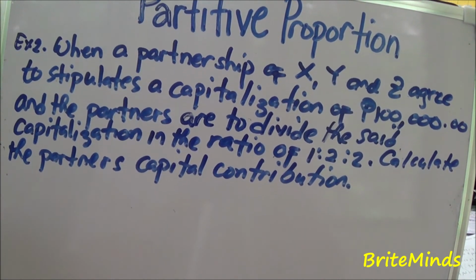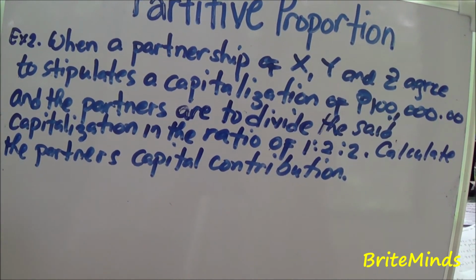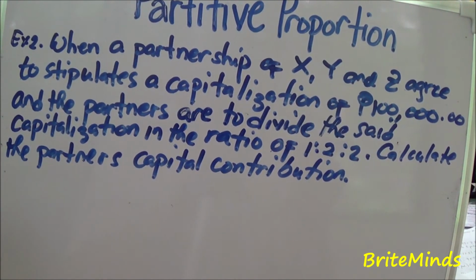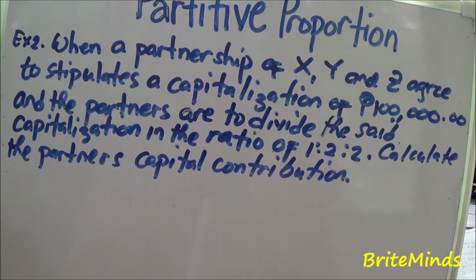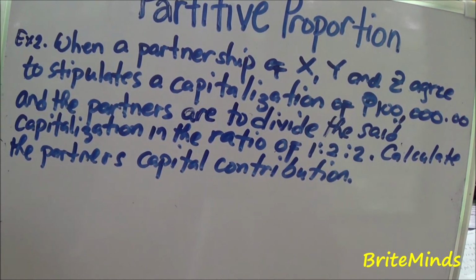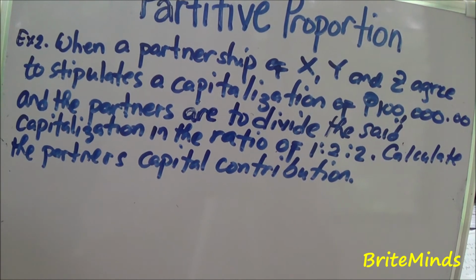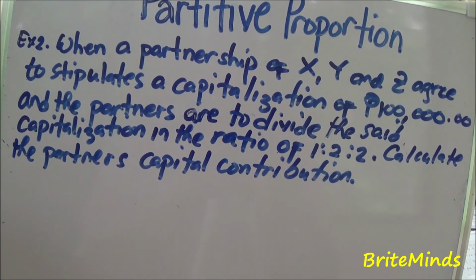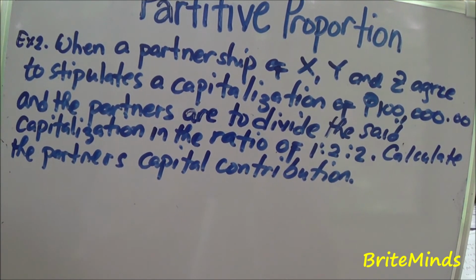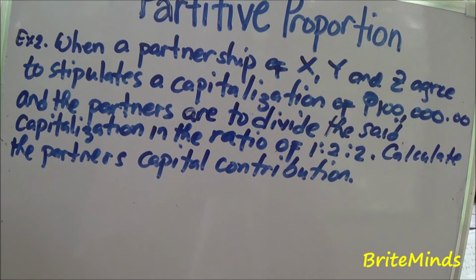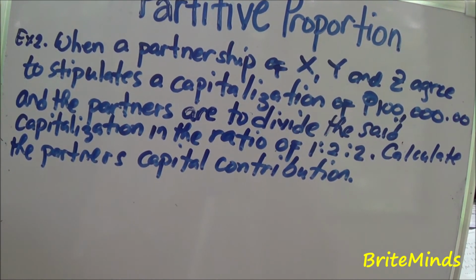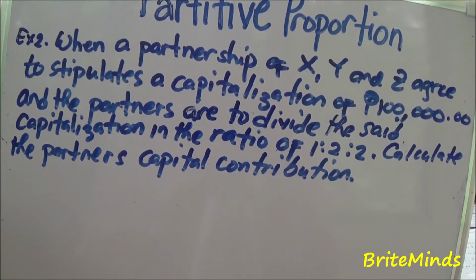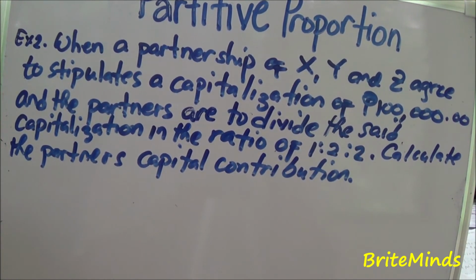I have another example of partitive proportion for you to understand better. A partnership of X, Y, and Z agree to stipulate a capitalization of 100,000 pesos, and the partners are to divide the said capitalization in the ratio of 1:2:2. Calculate the partners' capital contributions.